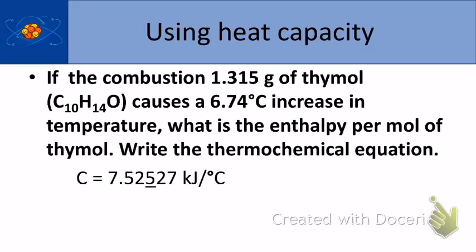The calorimeter constant, by the way, is still, from the previous part of the problem, 7.52527, 4 sig figs, kilojoules per degree Celsius.